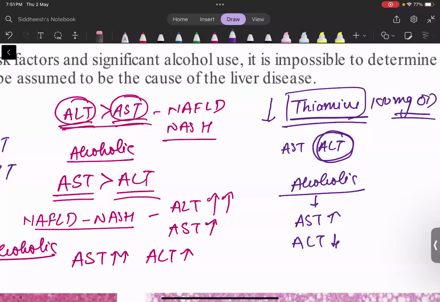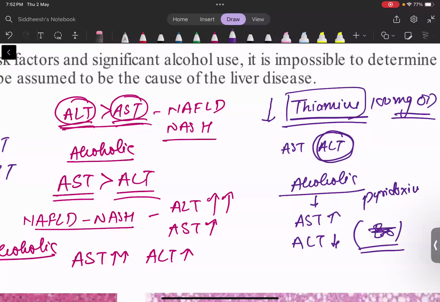Because alcohol will reduce the absorption of vitamin B6. This is responsible for the production of ALT and AST, right? Yes, sorry, it is pyridoxine. Yes, thank you, Siva.